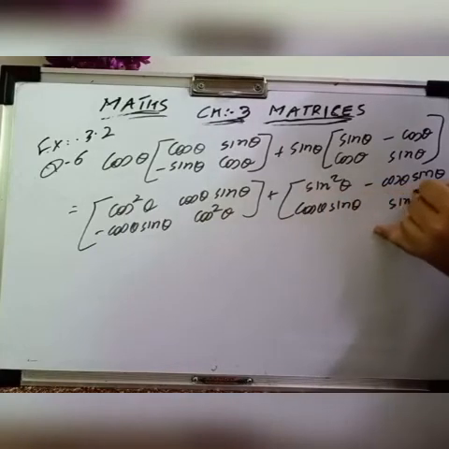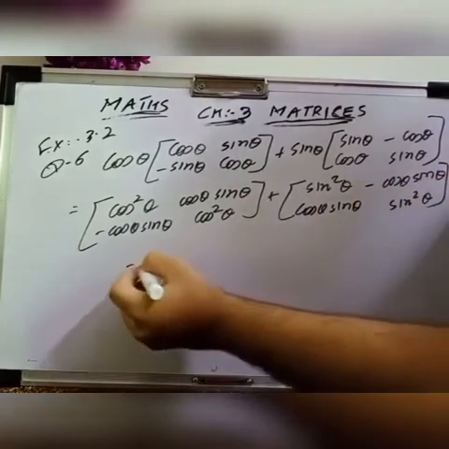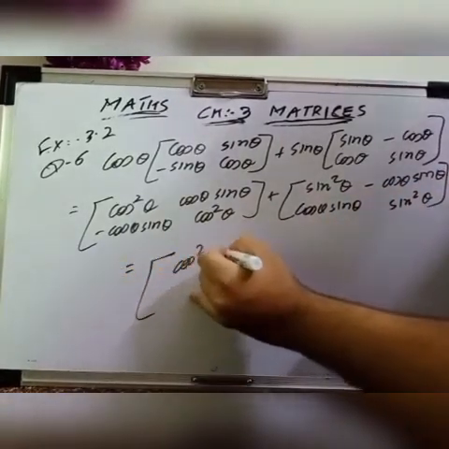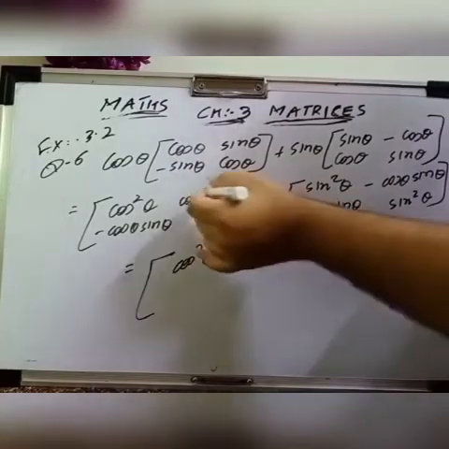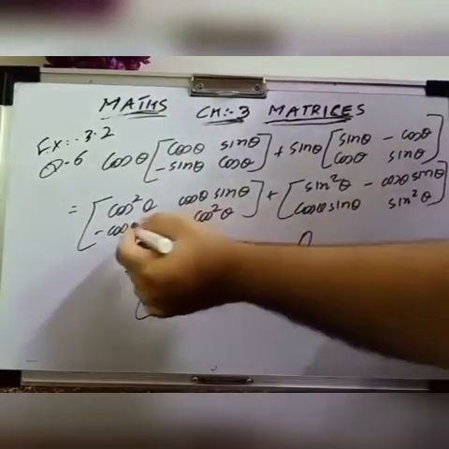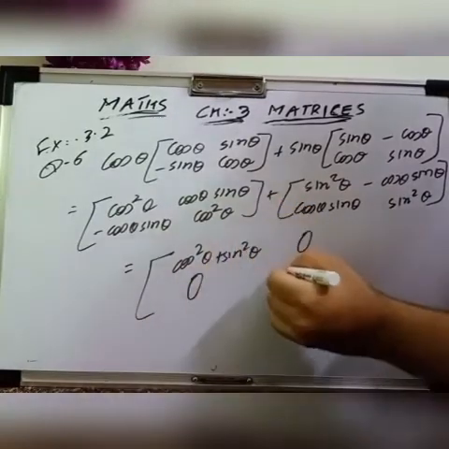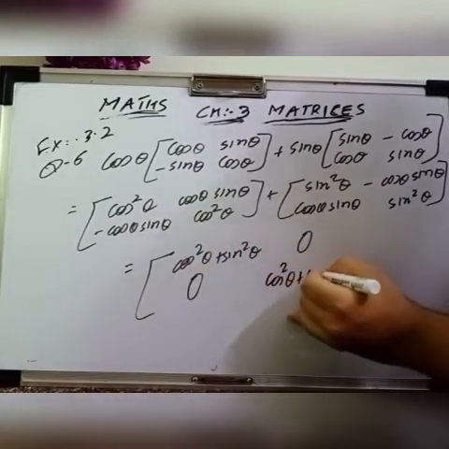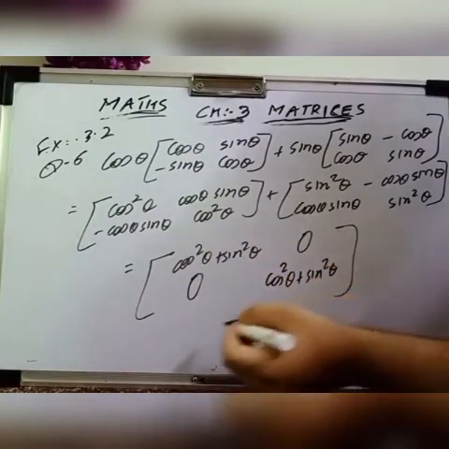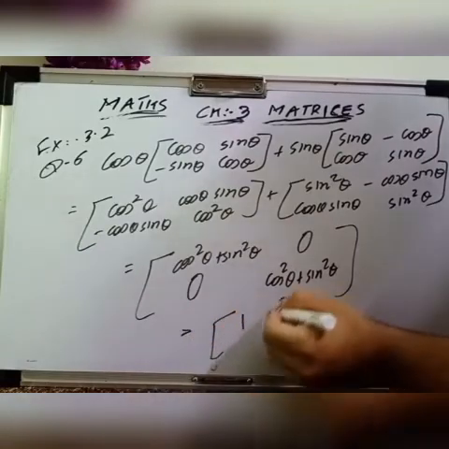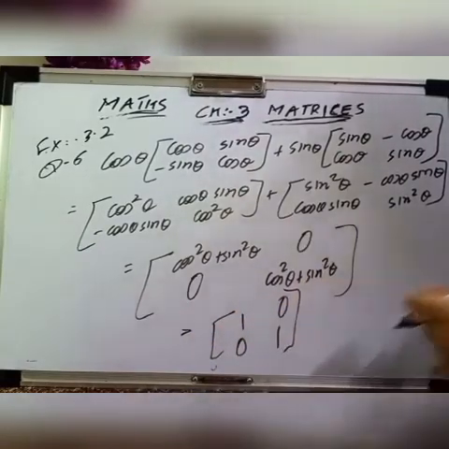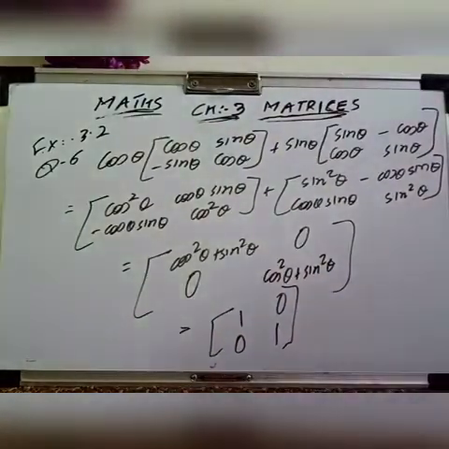Here if I add, then I will have cos square theta plus sin square theta, plus minus 0, plus 0, and cos square theta plus sin square theta. But you know that this is the identity whose answer is 1. So final answer is 1 0 0 1.